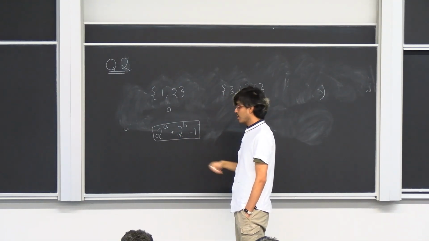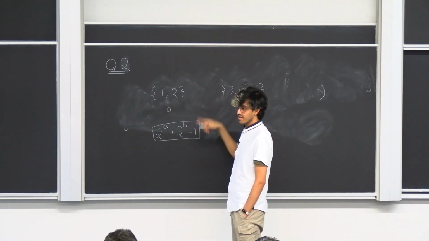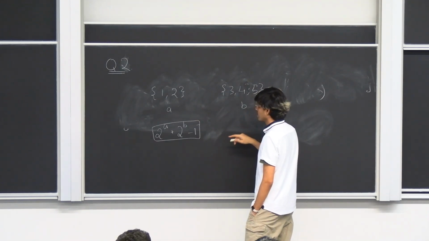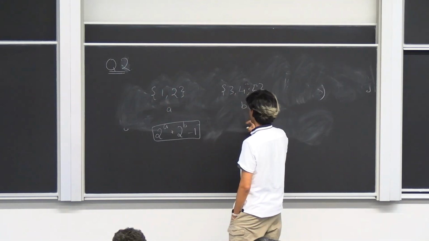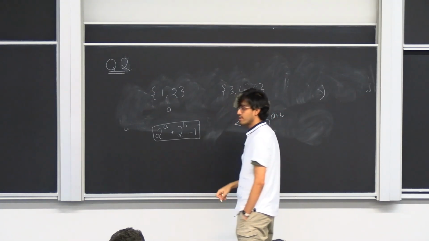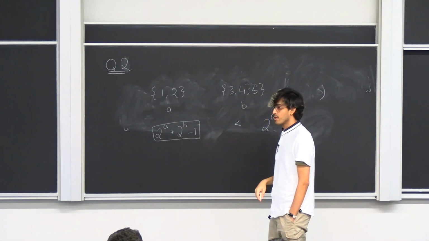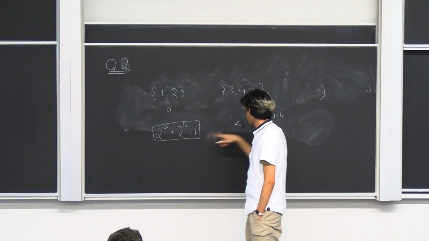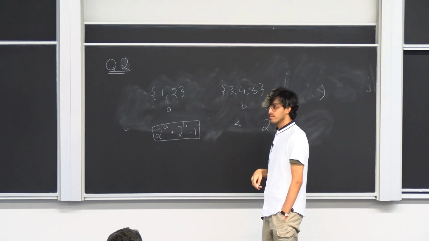Why the minus 1? Because both of them have the empty set. It's overcounted. That's fine. And on the right-hand side, you have 2 to the power a plus b, which is definitely greater than this. That doesn't mean that all of these elements can't be here, right?